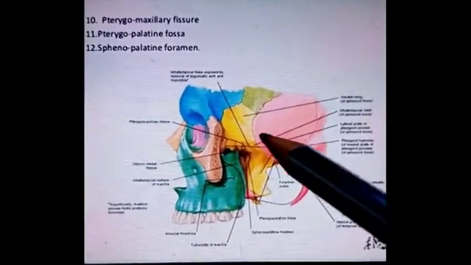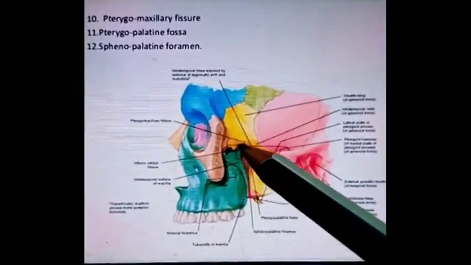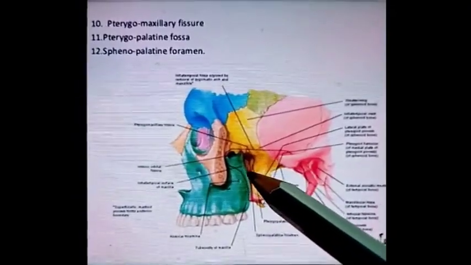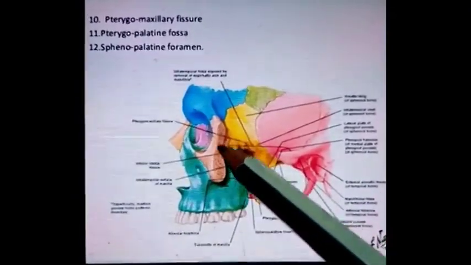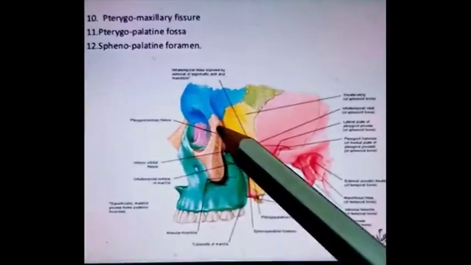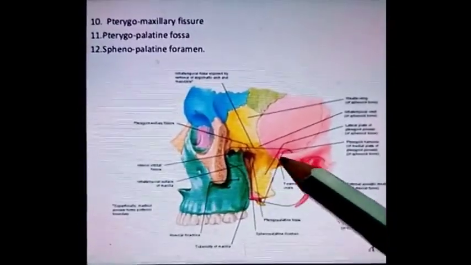So in the diagram, in the picture, we can find out the infratemporal fossa is exposed by cutting the part of zygomatic bone and zygomatic arch as well.